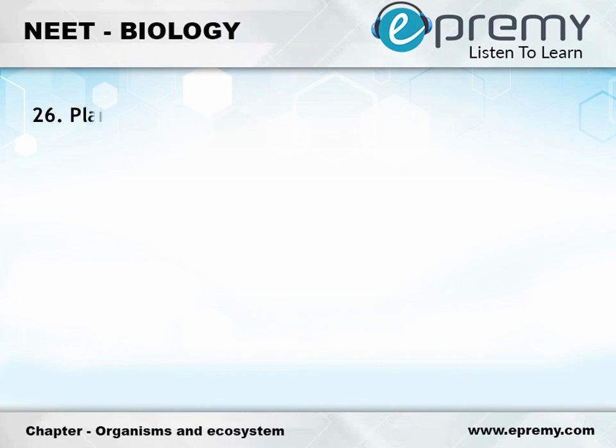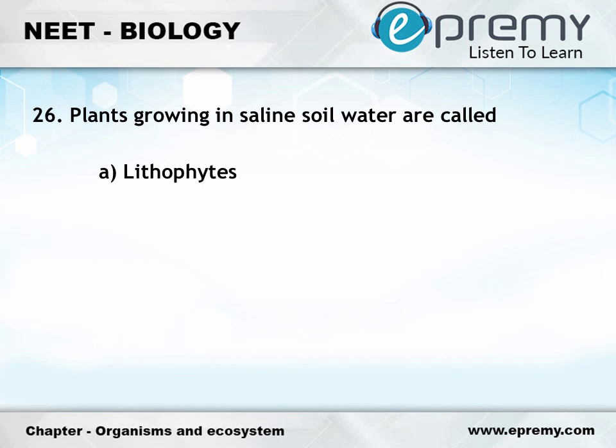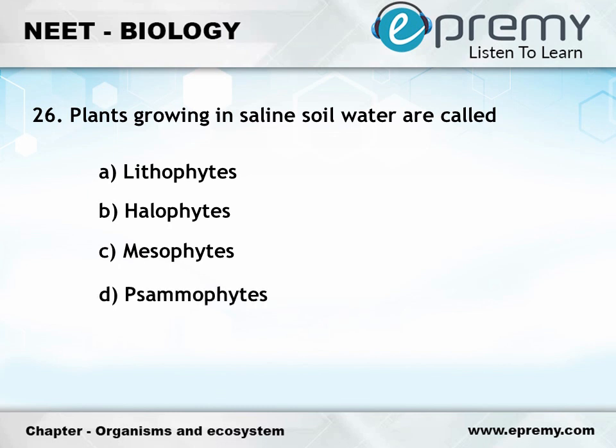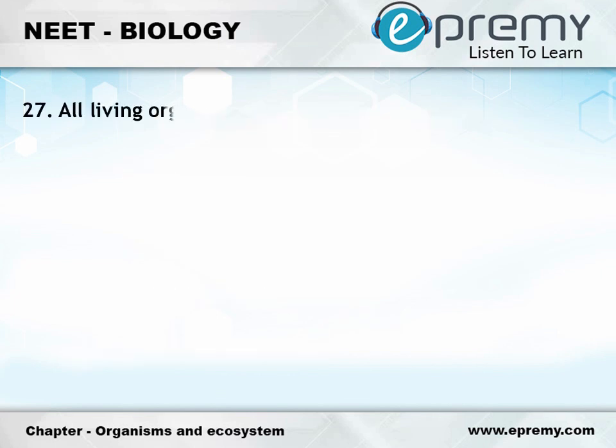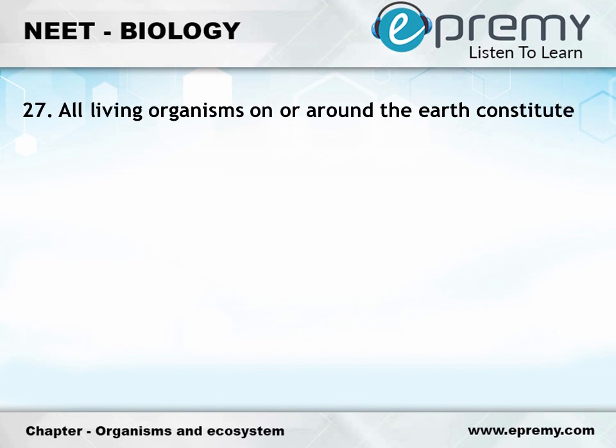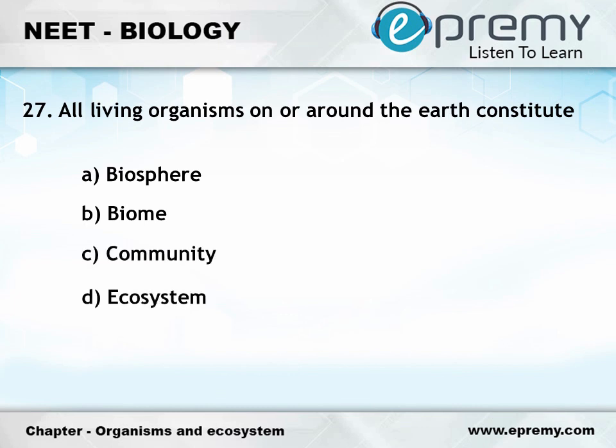Plants growing in saline soil water are called option A, lithophytes, option B, halophytes, option C, mesophytes, option D, psammophytes. The answer is option B, halophytes. Question number 27. All living organisms on or around the earth constitute option A, biosphere, option B, biome, option C, community, option D, ecosystem. The answer is option A, biosphere.